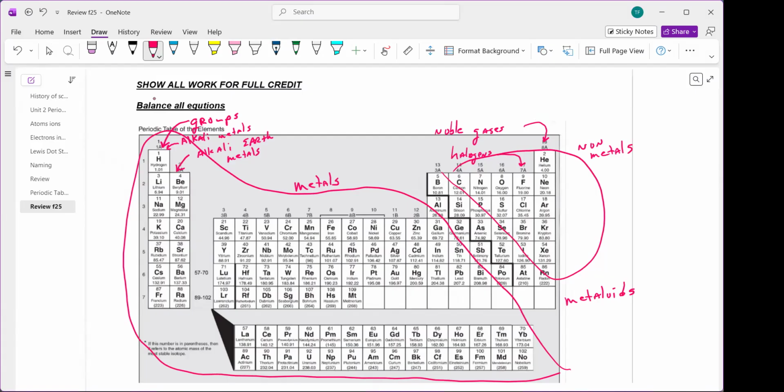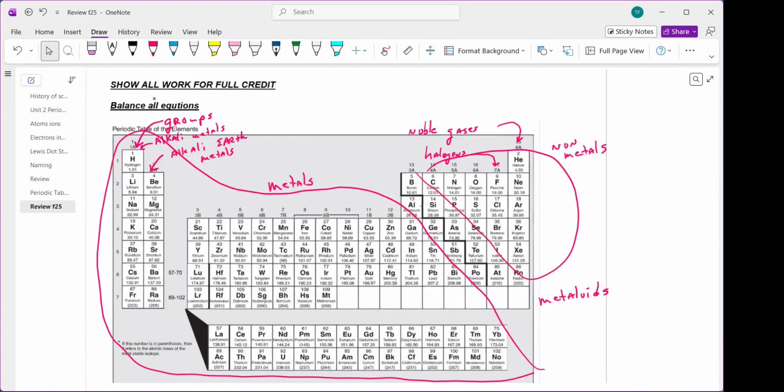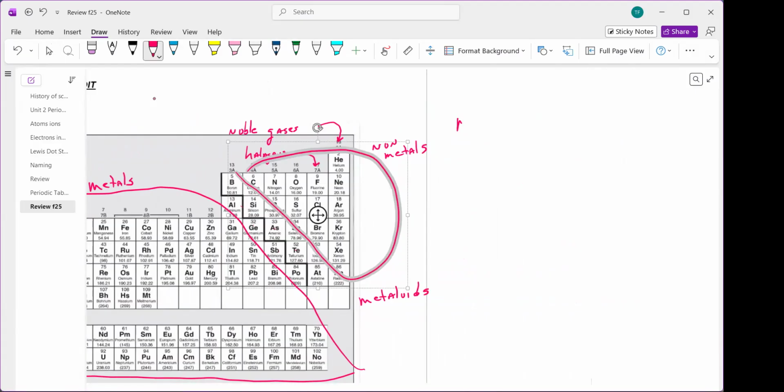So these guys here, wherever it touches the squiggly line, are metalloids. And those have the characteristics of metals and nonmetals. Okay, metals, they're shiny. Nonmetals, dull.